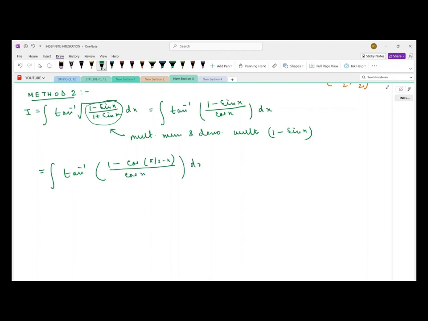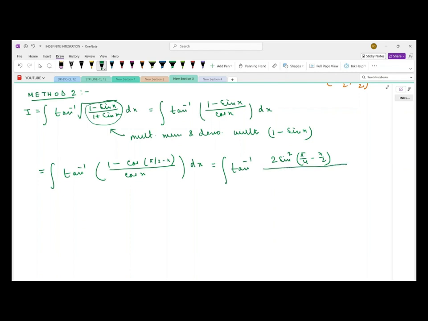You can do it in the exam later, but let me show you why I have to change this cos also. For the time being, the motivation of changing 1 minus sin x is to apply the formula 1 minus cos x. So when I apply that formula, this becomes 1 minus cos x is 2 sin square x by 2. So pi by 4 minus x by 2.